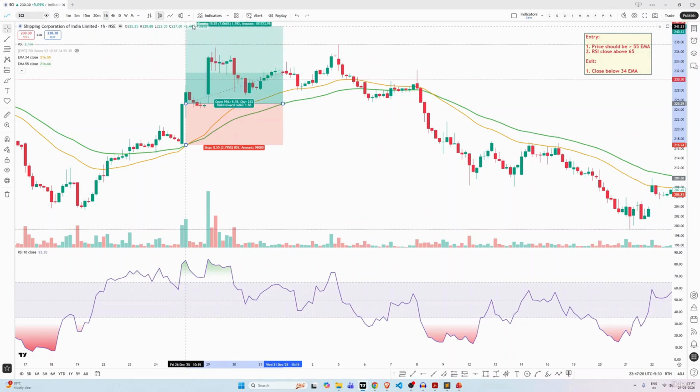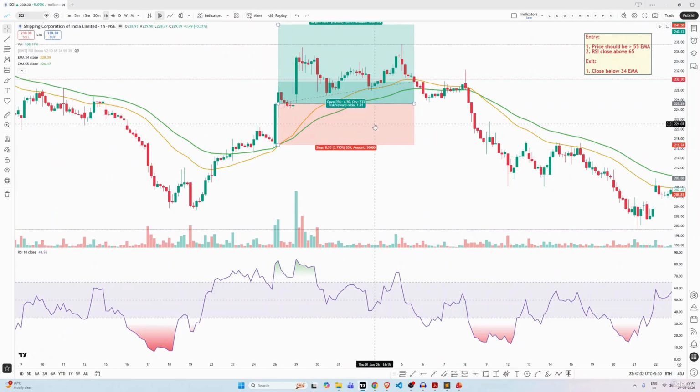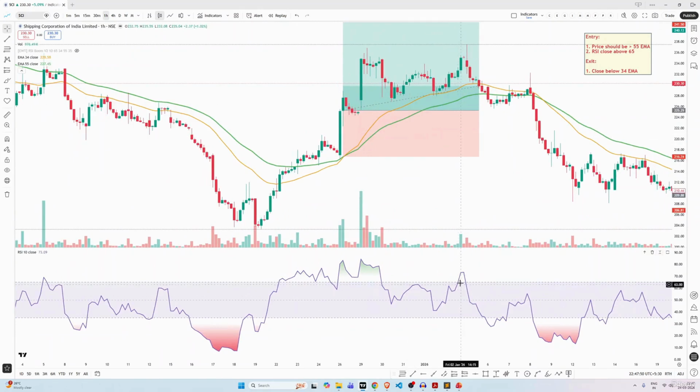So this is a valid setup, and then we will stay in this trade till either our stop is hit or the price closes below the EMA. So this was also a profitable trade, even though we did not really make much on it, but we did not lose money, and at least we made something. And after this candle close below 34 EMA, we would have exited here, right? So now I think no more trades, because this signal was covered as part of this trade itself, so nothing new.